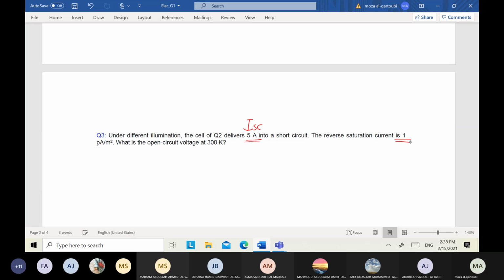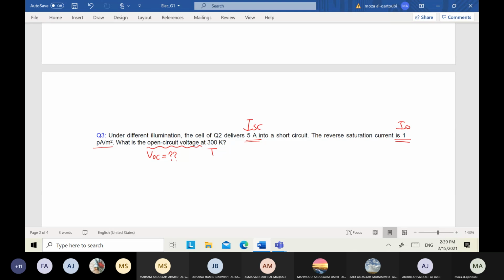So this is the reverse saturation current given in picoampere per meter square. Now the question is the same. Find V open circuit at temperature equal 300 Kelvin. So now given the temperature directly in Kelvin and asked to find V open circuit.